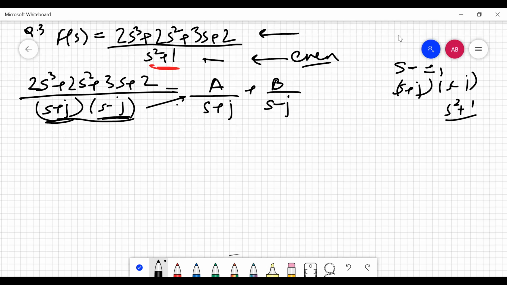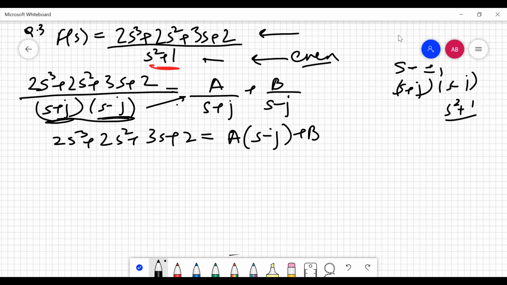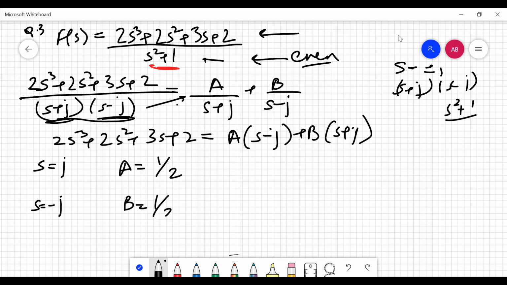Multiplying your s plus j towards that side, that is going to give you the equation 2s cube plus 2s square plus 3s plus 2 equals a multiplied by s minus j plus b multiplied by s plus j. Now putting the value of s as j and s as minus j, you are going to get the value of a as 1 by 2 as well as b as 1 by 2. You all need to do this, and you all need to check this value.